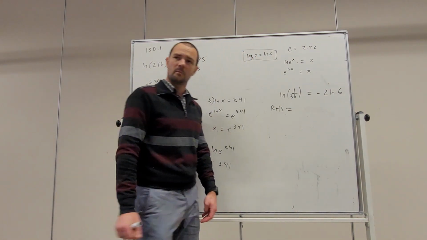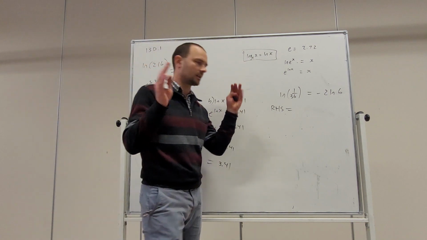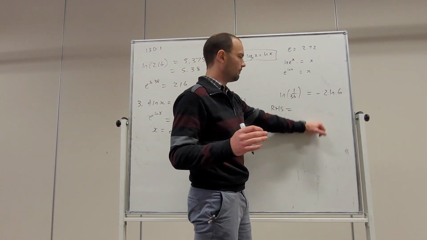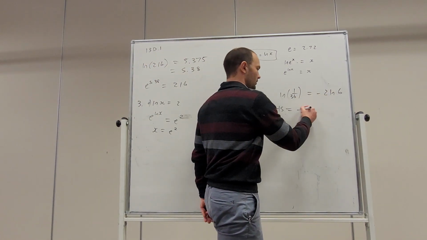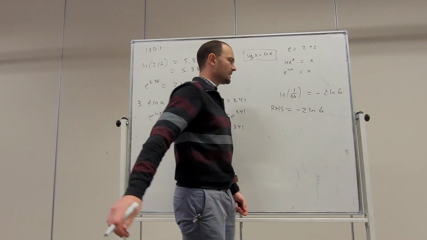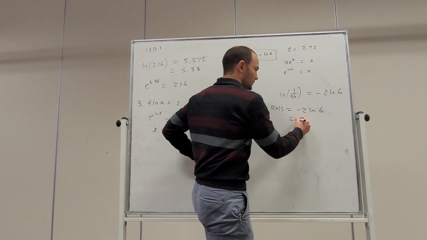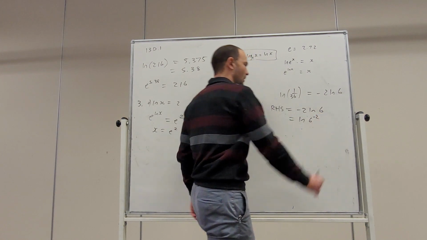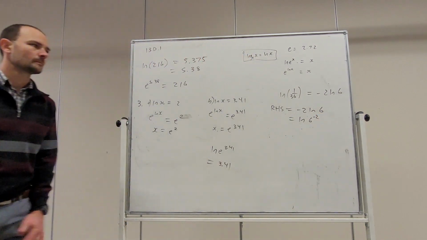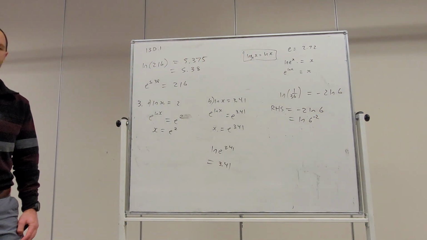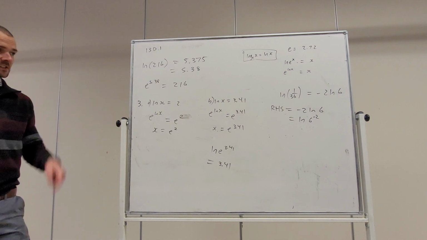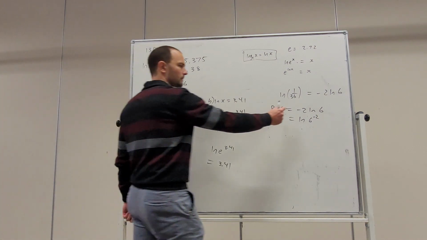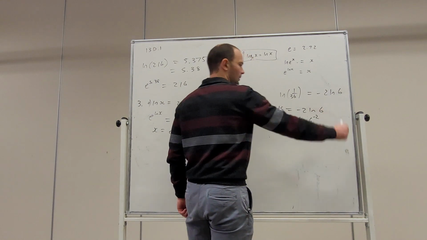In fact, maybe we might even do a bit of both, and then I can show you the multiple ways of doing this. So the right-hand side is minus 2 ln 6. We're going to express that as ln 6 to the power of minus 2. All right, so we're moving this number out the front to become the power on 6.